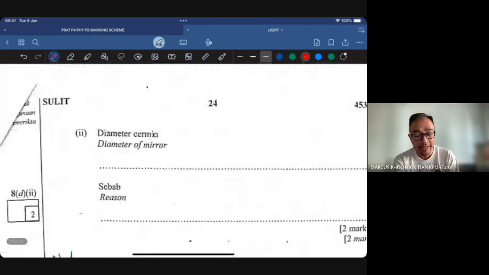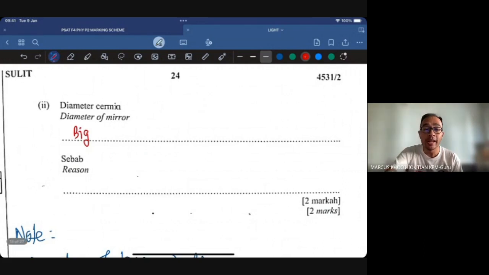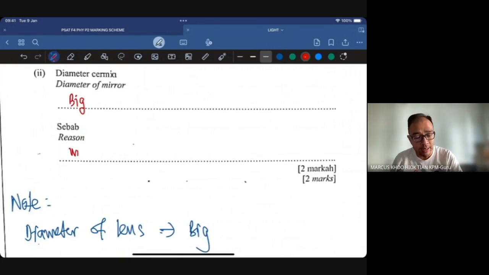The diameter of mirror must be big. Big size mirror. What's the point of having a convex mirror if it is this small? Big mirror. And in order for you to have a big mirror, you can give the standard answer: wider field of view.